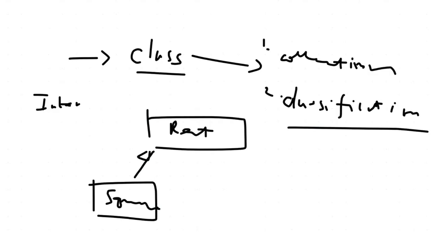That's the initial concept of object-oriented programming. You have class to provide a collection of data. Multiple data fields can be collected into a class. And then also classification. Compared to class, in Python we also have dictionary. In a dictionary, you have key value pair, key value pair, key value pair.